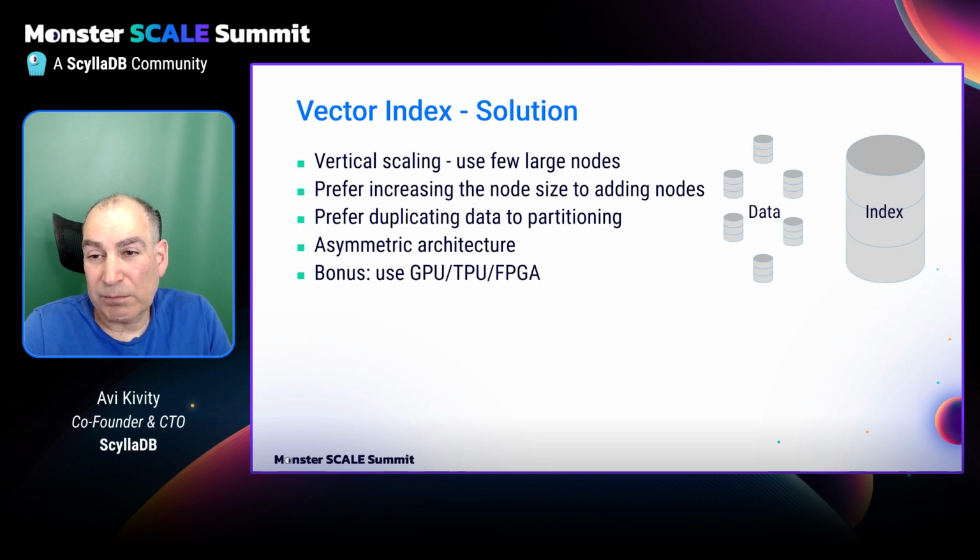And as a bonus, because you're using different node types, you can specialize a node type for the problem, and you can have a node with a GPU or a TPU or whatever in order to make the index run more quickly. So I love symmetric architectures, but in certain cases, it's better to use asymmetric architectures.